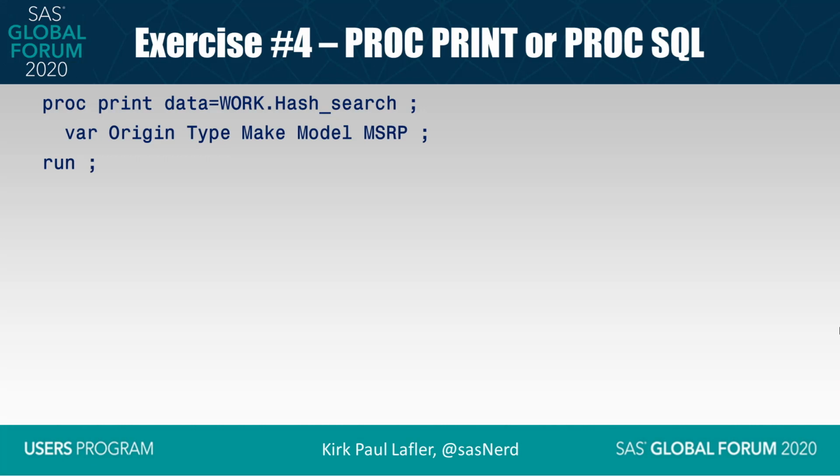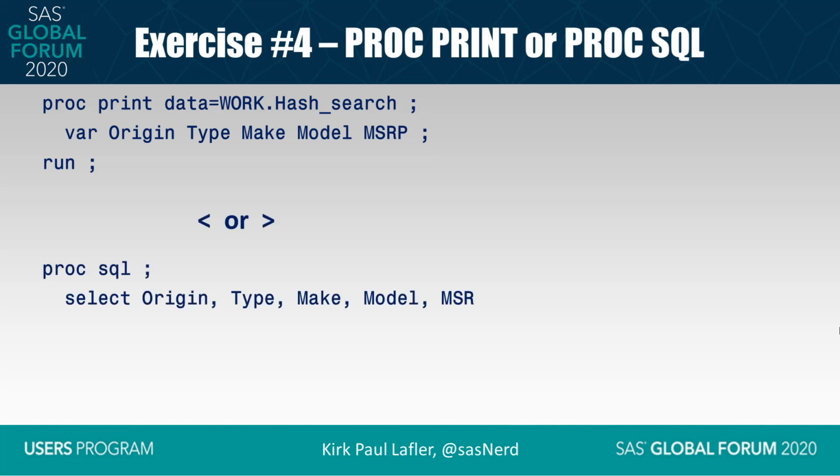And just like we did in exercise 2, in exercise 4, we're going to look at the result set from that data step hash object execution. We can use PROC print or PROC SQL. We'll repeat this over and over for each one of the major examples.